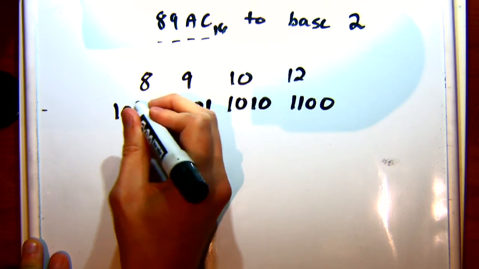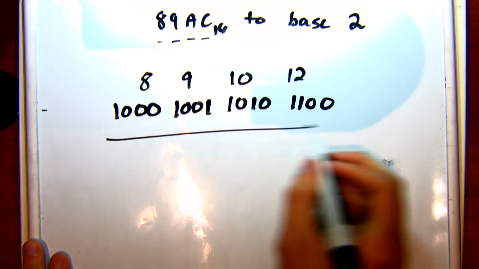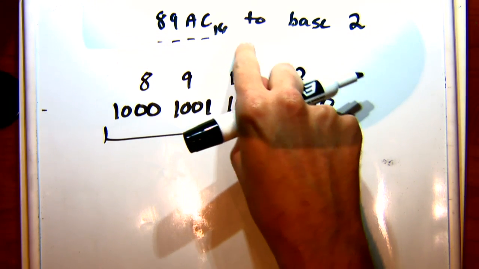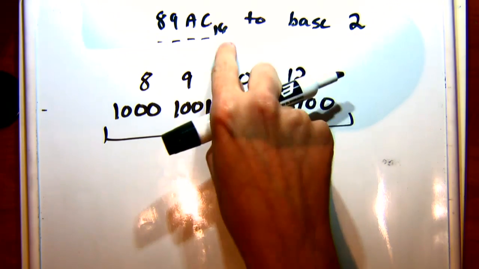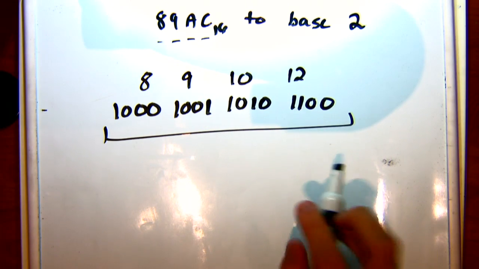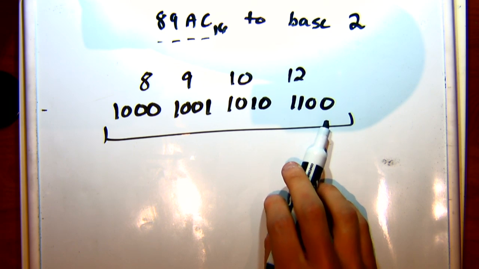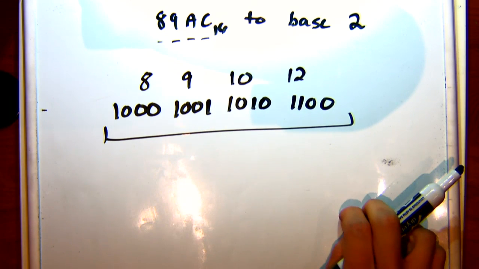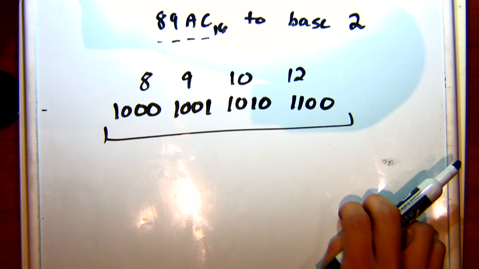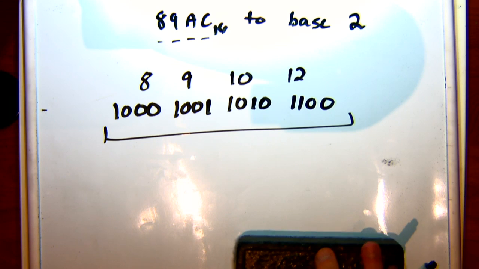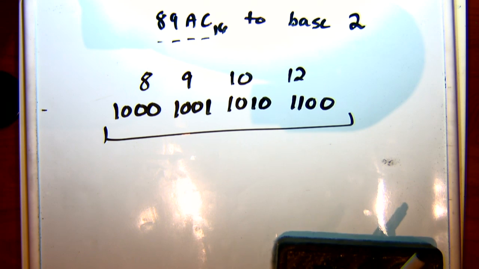And 8 in base 2 is this. And this final number is your base 16 to base 2 conversion. So this number in base 2 is something really large. I don't know what this is, but it's pretty simple. You just have sets of 4 that you put together, and that makes the final number. So that's a really good trick to know because you'll probably see that either on the final or the foundation exam. Hint, hint.